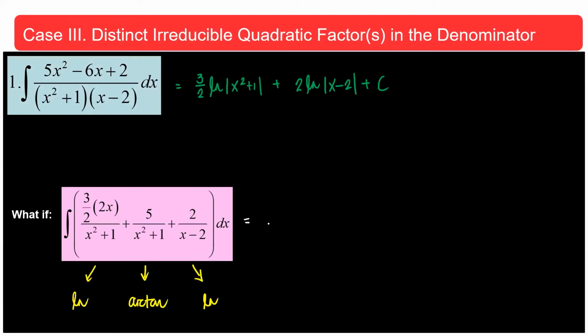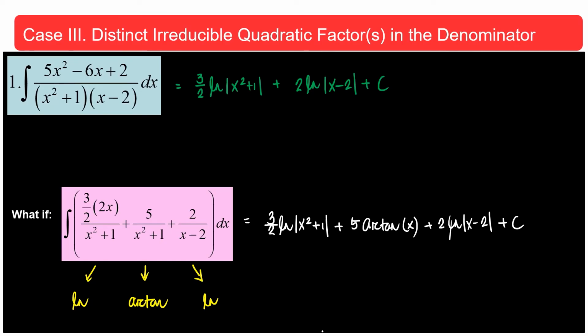The answer na lang. Sige. What's the answer? 3 halves ln of x squared plus 1 plus 5 arctan of x plus 2 ln of x minus 2 plus c.